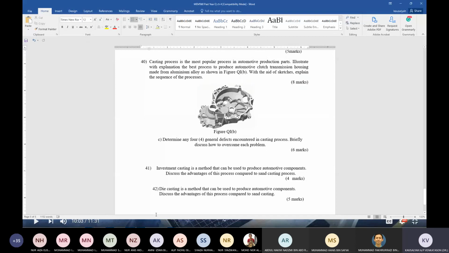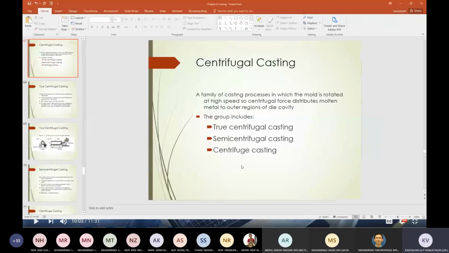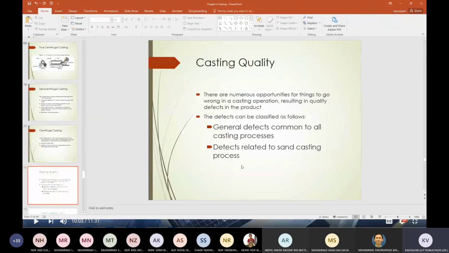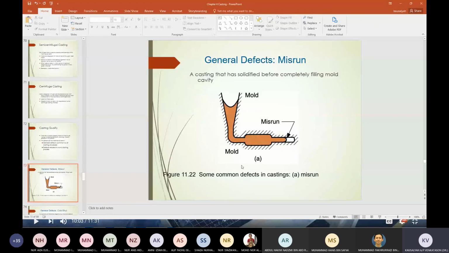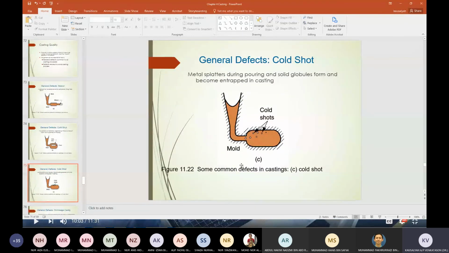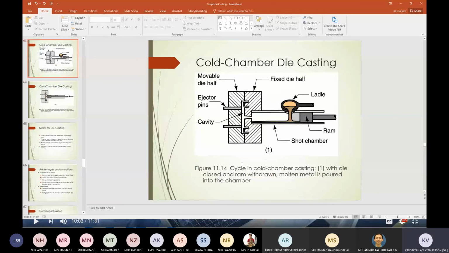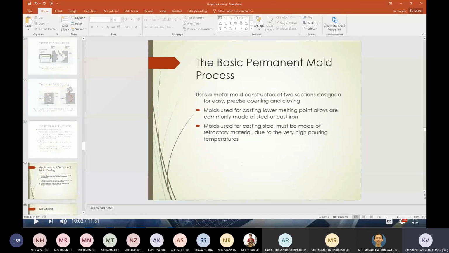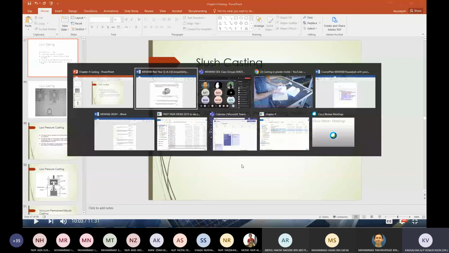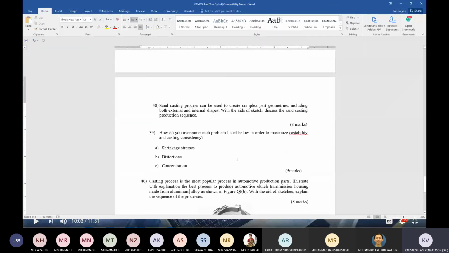Flip back on your notes. I'm not looking at the permanent mold yet. Okay, the thing here is, since you all do not know die casting yet, that's fine. Never mind, I'll skip this question.